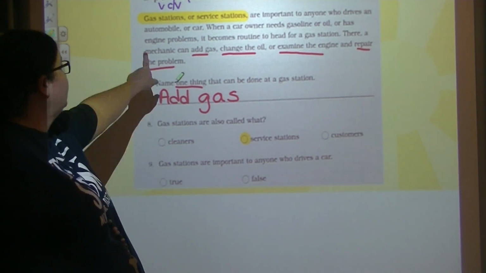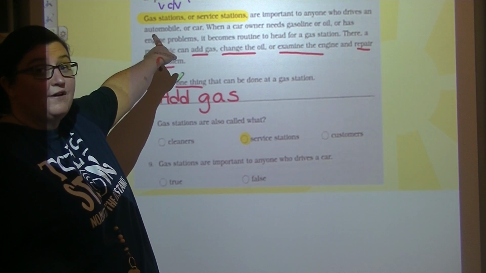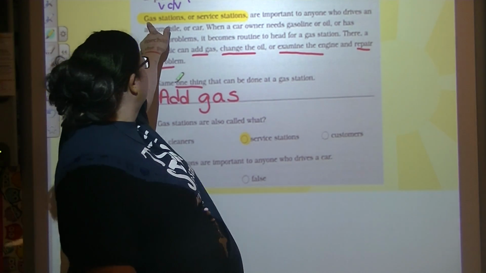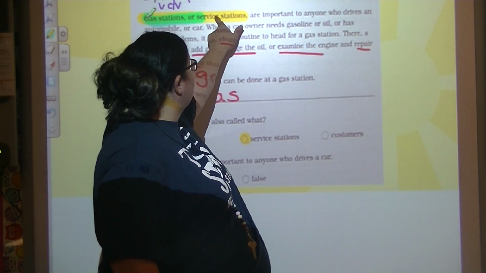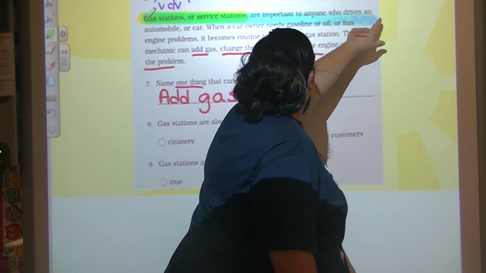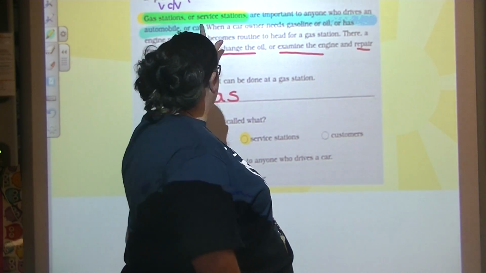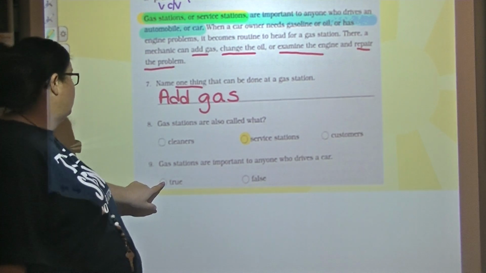Okay, I'm going to find it in the same sentence that I found the answer to the last one. Gas stations or service stations are important to anyone who drives an automobile or car. That is true.